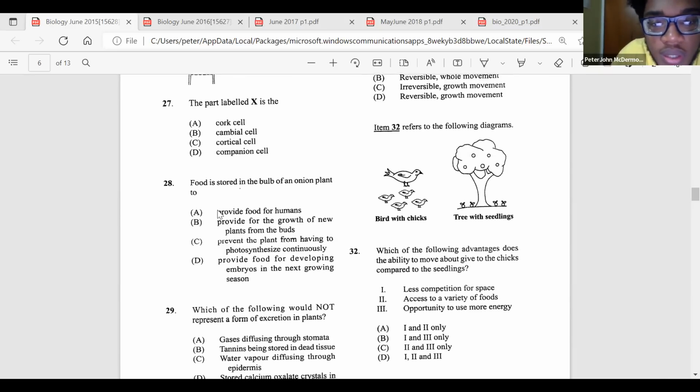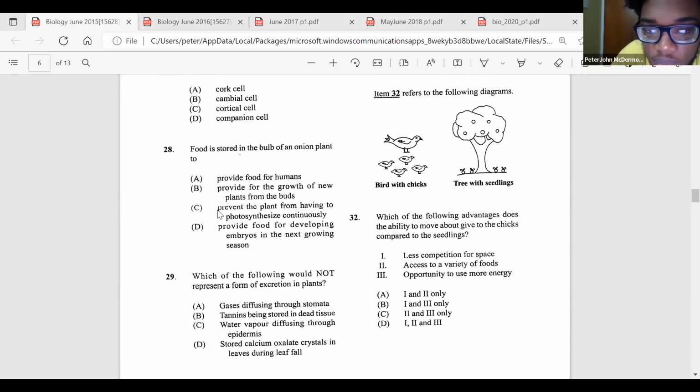Food is stored in the bulb of an onion plant. 5 seconds, guys. If you're unsure, think which one creates the least doubt in your mind.